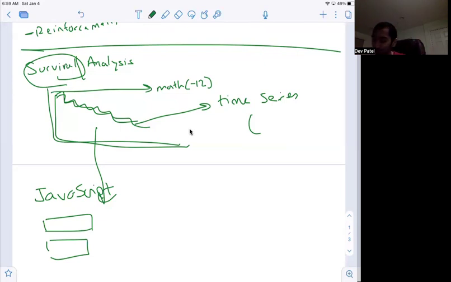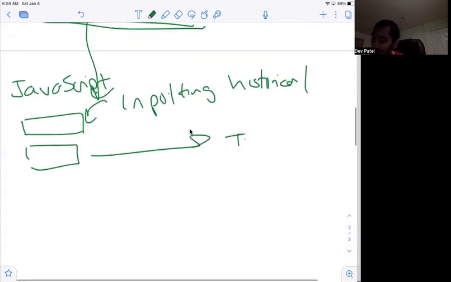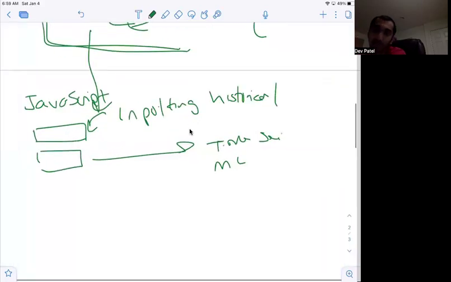So that could be a project where you're inputting the historical data that you've already seen, and then the model. You can have many different models, time series models, ML models that you're running, and you can even have a button that says, "Hey, run this model," and then it will give you the output.